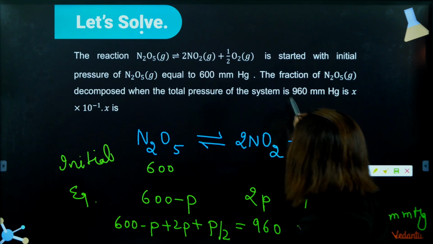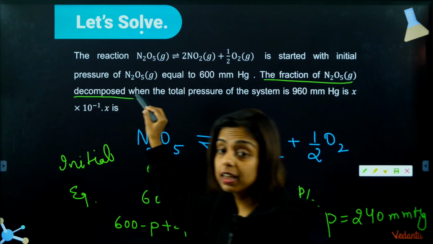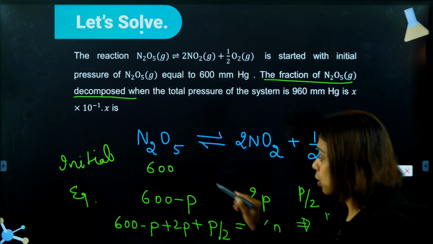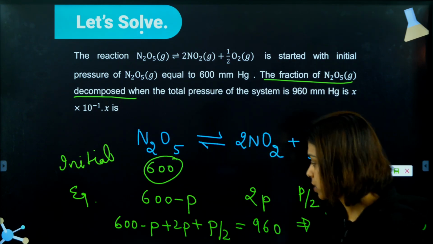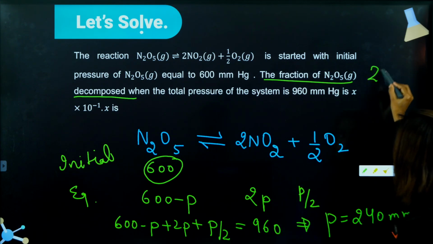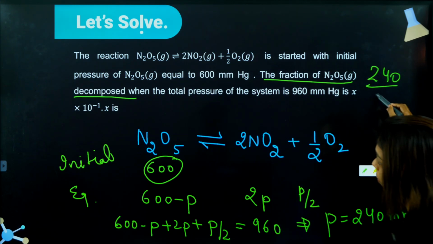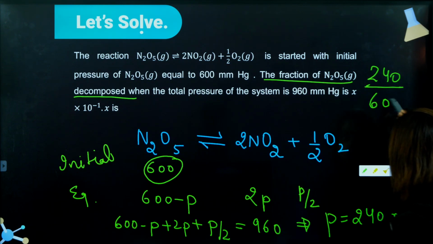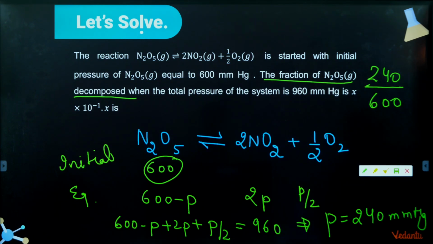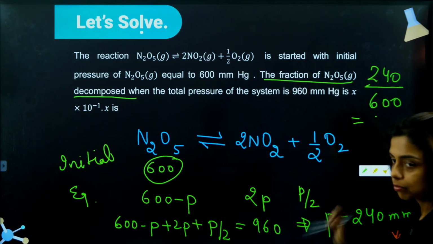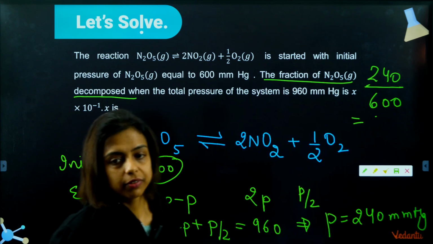So the question is the fraction of N2O5 decomposed. कितने decompose हुई है जितना pressure कम हुआ है, right? So initial pressure था 600, उसमें से कितना कम हो गया 240. So the percentage dissociation कैसे निकलेगी? 240 divided by initially था कितना 600. तो decomposition that you have here is, guys, please check.